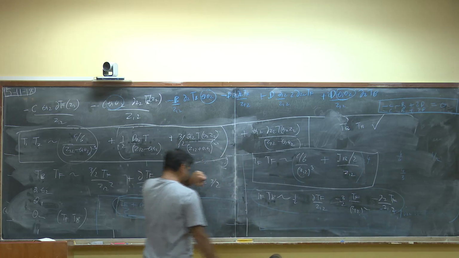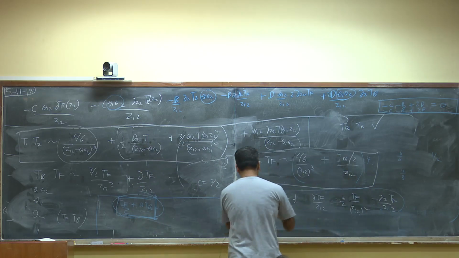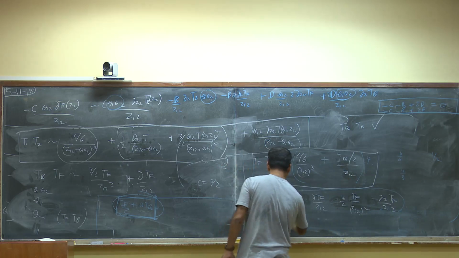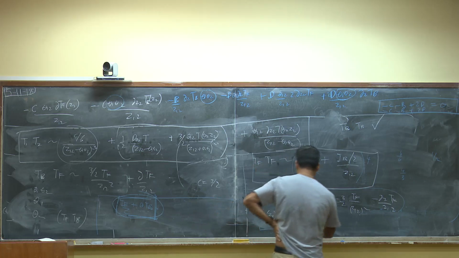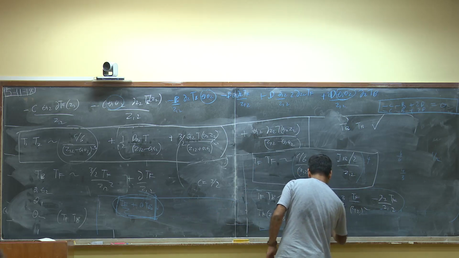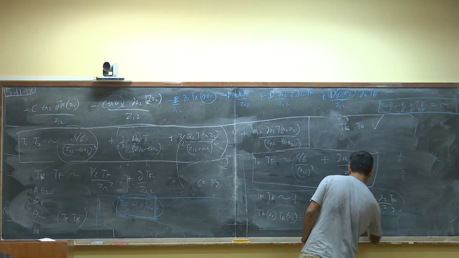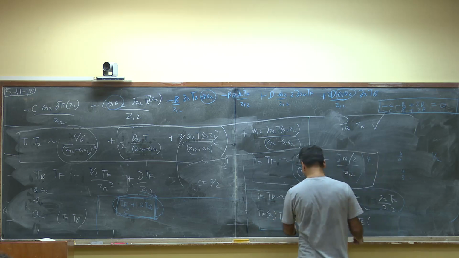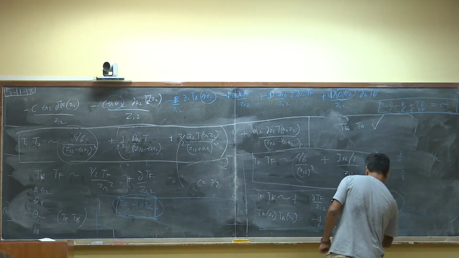What we got was TF at Z1, TB at Z2, equal to half, minus half del TF by Z12 minus 3 by 2 TF at Z1, at Z2, of Z12, the whole thing squared.